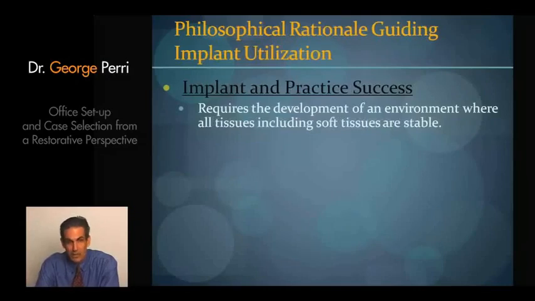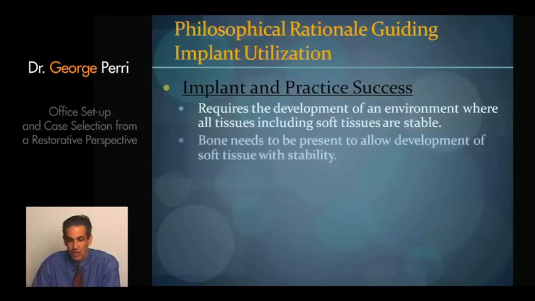I don't believe that we can include a success an implant situation where the soft tissues are continually changing, or you'll read about creeping attachments. We find that unreasonable, and we should have stability, and in fact, on the great majority of our cases, that's what we see. In order to have that predictability, we need bone, and the bone needs to be present to allow the development of the soft tissue with that stability that we find so important.